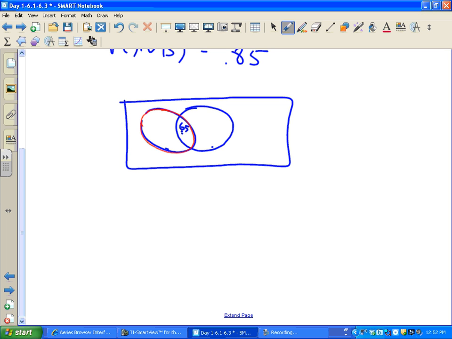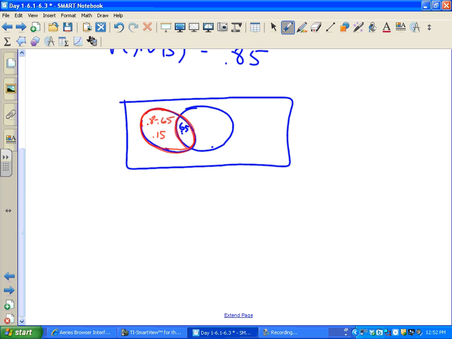So my question really then becomes, what can I write in here? If they both make it 65% of the time, and Tyreek makes it 80% of the time, hopefully you'll agree with me that the event that just Tyreek makes it, which is this part right here, will be 0.8 minus 0.65. Because I don't know what that is, I can calculate that. I think it comes out to be 0.15.